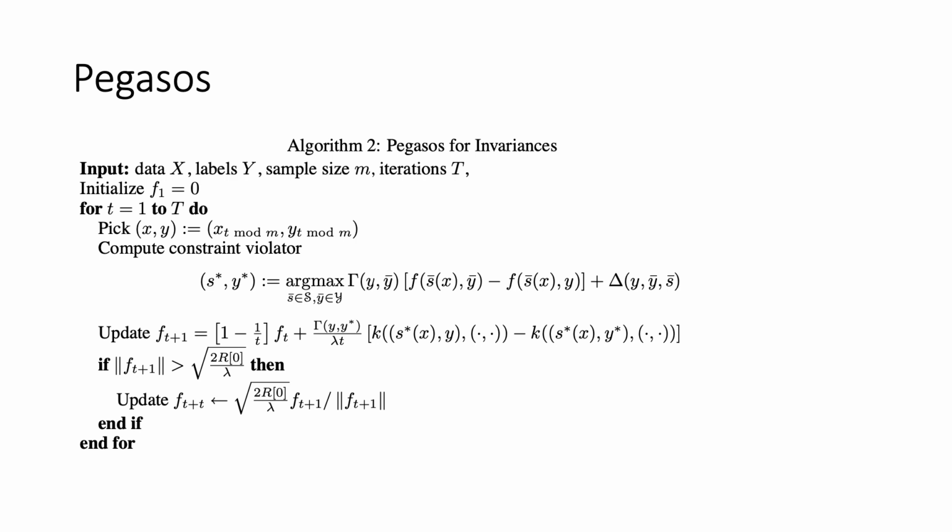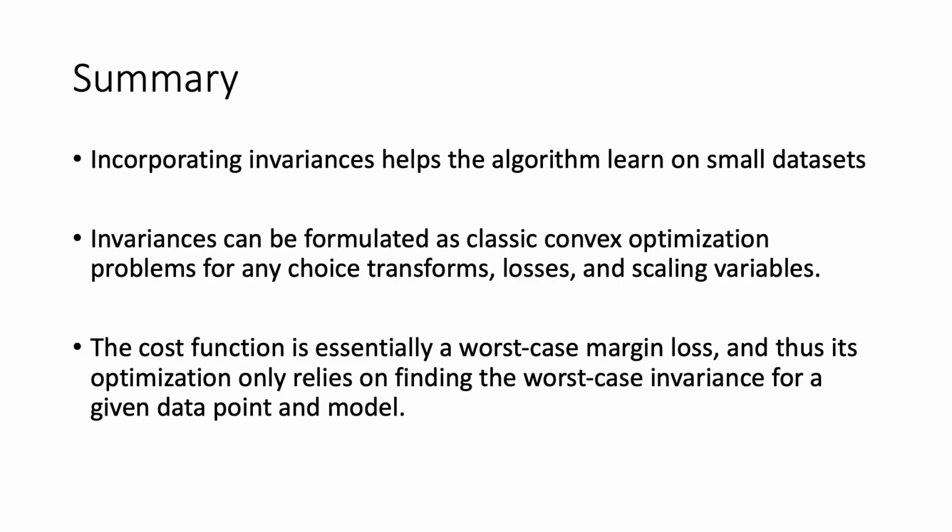So equally as efficient. So in summary, I'd just like to make a few points. Incorporating invariances really helps the algorithm, especially on small data sets, in terms of accuracy.